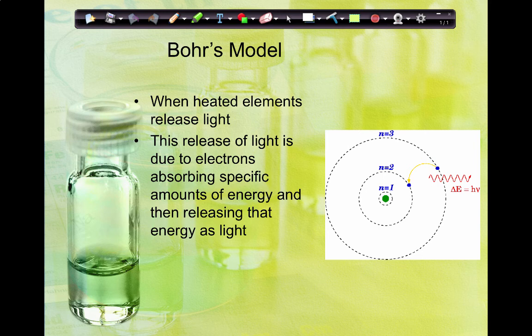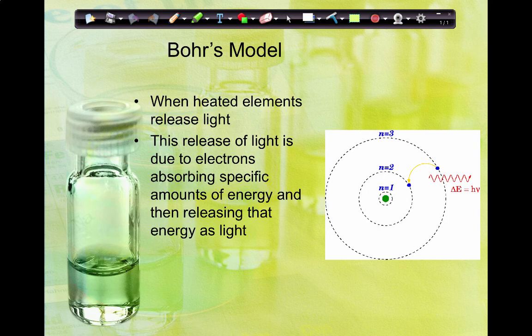So if we were to add energy to the atom itself, the electrons end up absorbing it, and you can cause the electrons to actually move up in energy. So they'll move from a ground state, whatever original energy level they're normally located on, they're going to absorb energy, and then they move up in energy, so they go to an excited state.